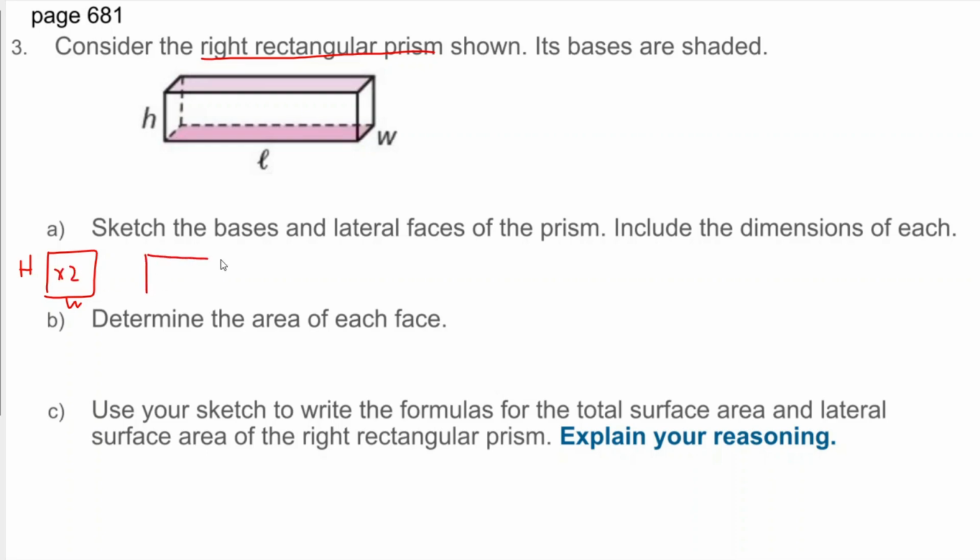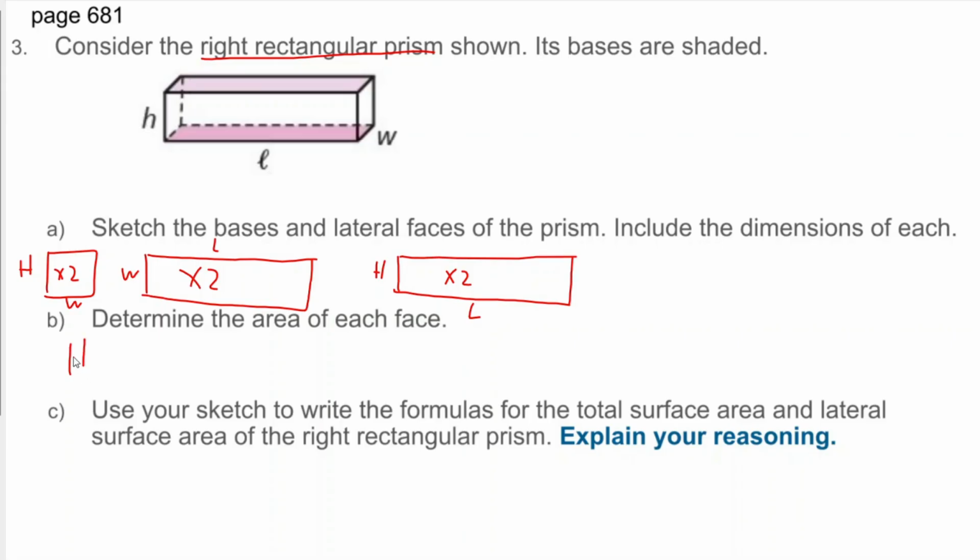I'm going to have 2 bases, which should be width and length times 2. And I'm going to have 2 sides, which would be length times height times 2. Area of each face, I'm going to have height times width, length times width, and height times length.